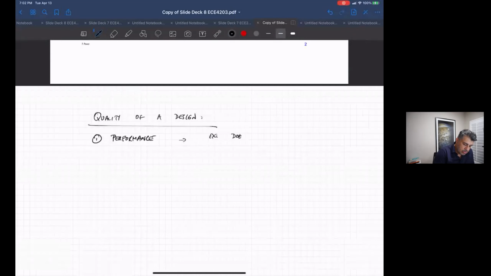Does your chip or circuit run at gigahertz, at 2 gigahertz? You're a hero if it runs at 6 gigahertz. So how fast is your circuit running?